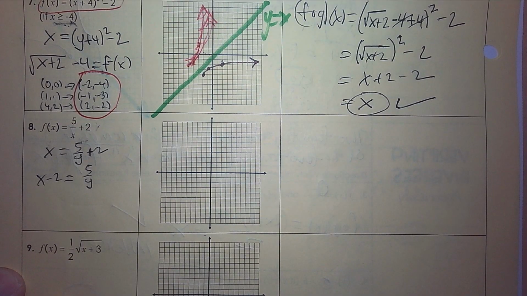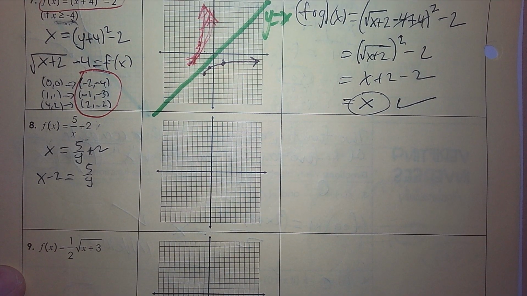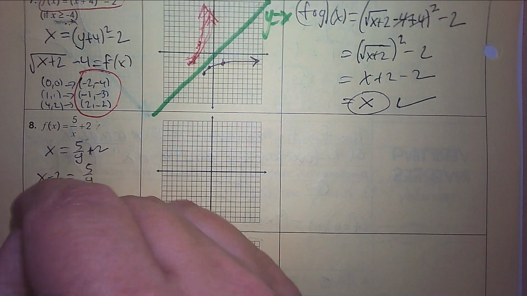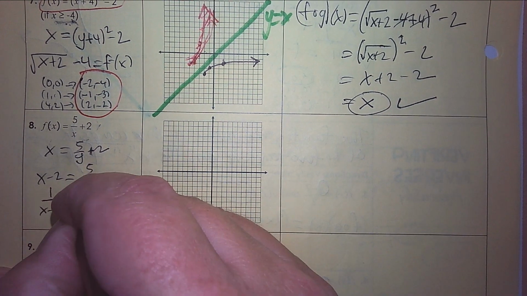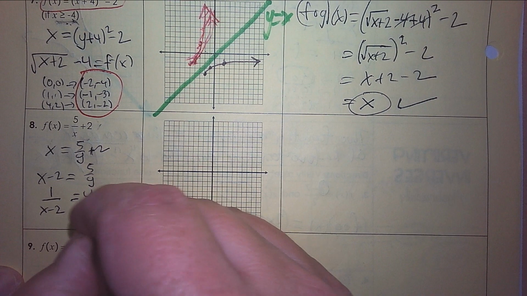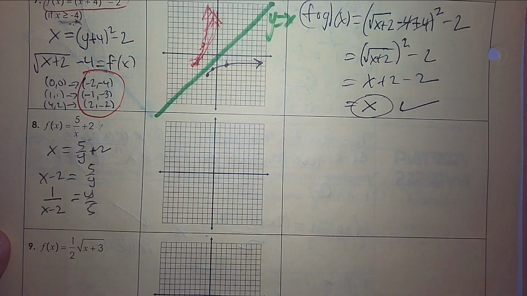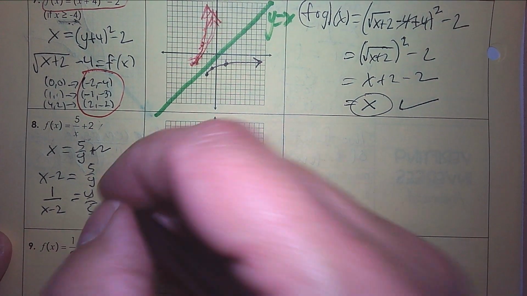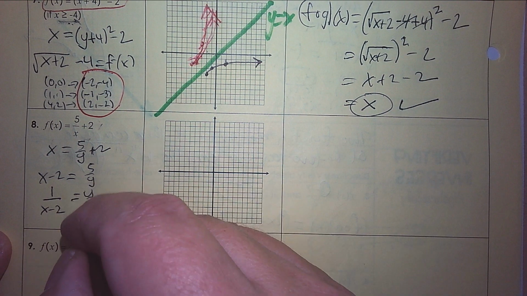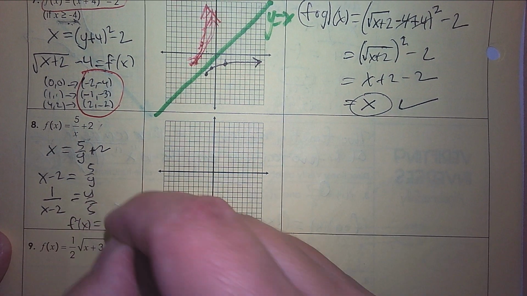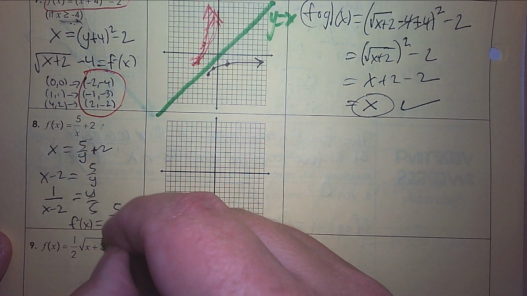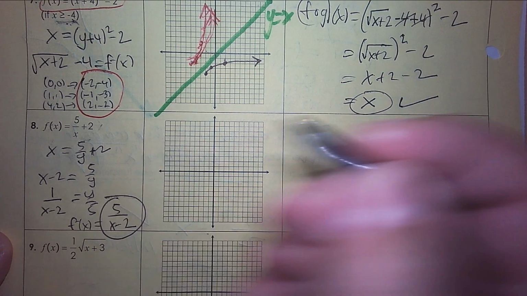You could multiply times y and divide, or you can do the reciprocal. So the reciprocal would make it easier to graph, right? Because then you're going to multiply times 5. And so what you'd end up with as the inverse is 5 over x minus 2, right?